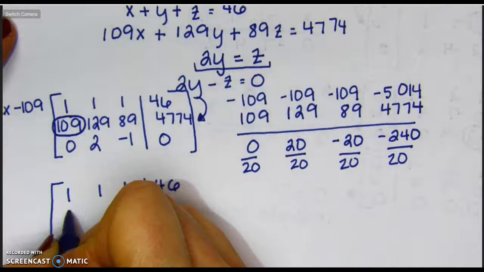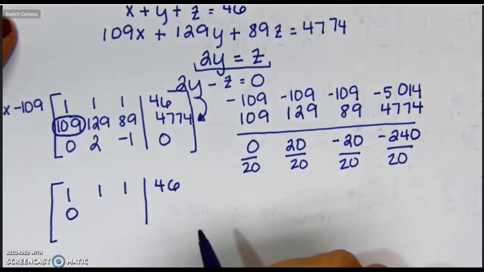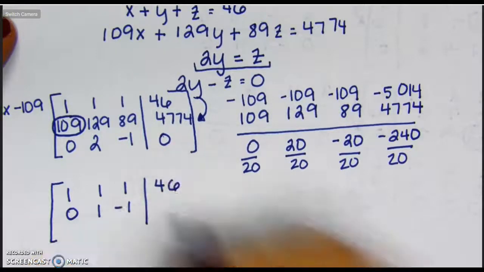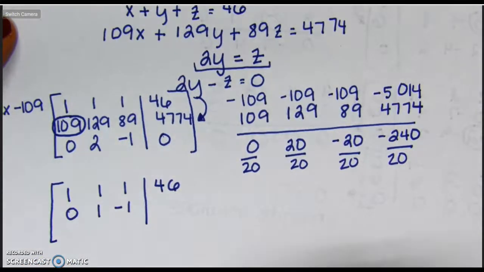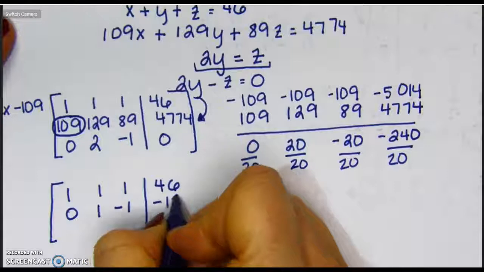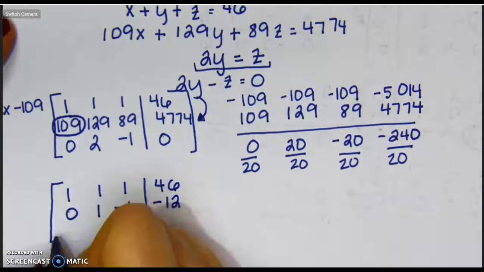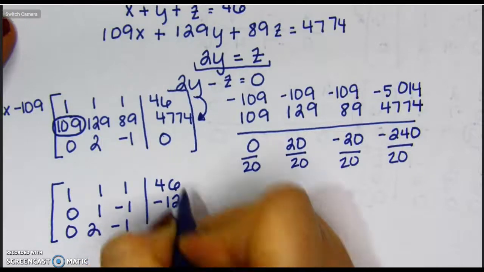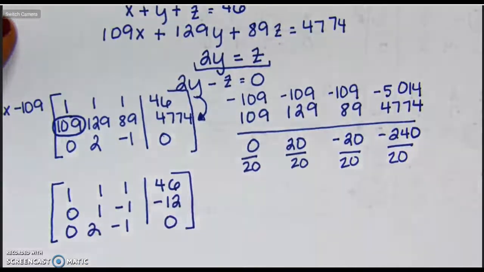That would then give me 0, 1, negative 1, negative 12, and our bottom row is still 0, 2, negative 1, 0. So again, a little easier numbers to manipulate and work with.